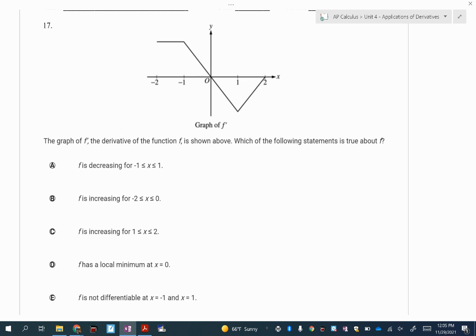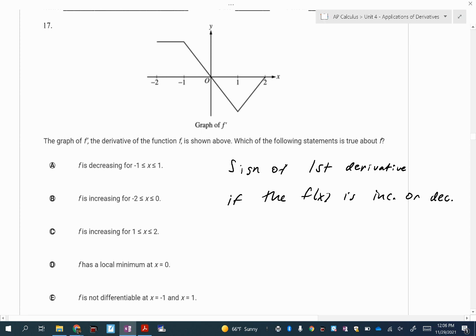So when I look at the graph of the derivative of our f of x function, I'm always thinking about what that tells me. And remember, the sign of the first derivative will tell me if the function is increasing or decreasing. If the sign of the first derivative is positive, the original function is increasing.